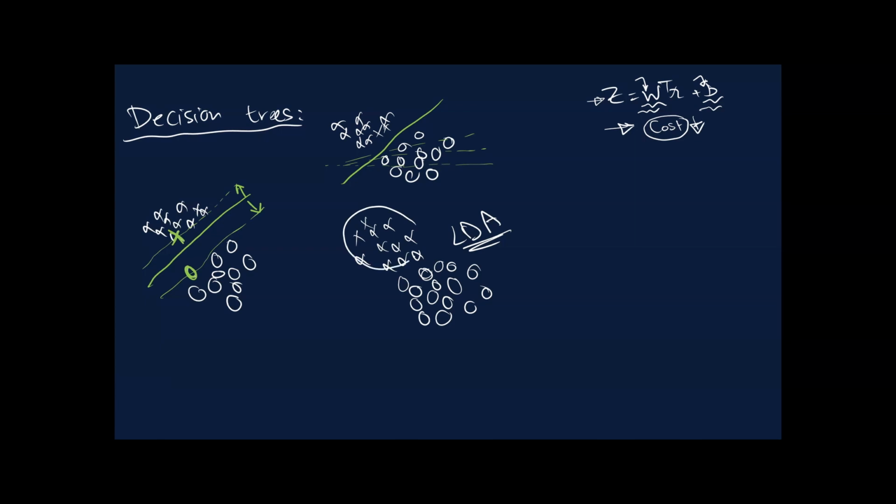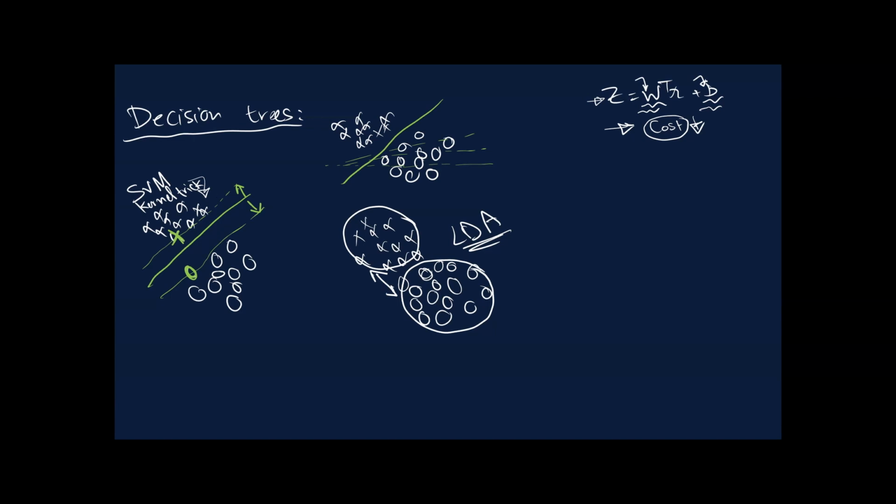So in LDA, we are trying to minimize the within class covariance, and we are trying to maximize the between class covariance at the same time. So the objective is actually different. These are different classifiers. Some of them are linear, some of them could be nonlinear with a kernel trick like SVM. With a kernel trick it would be a non-linear classifier.